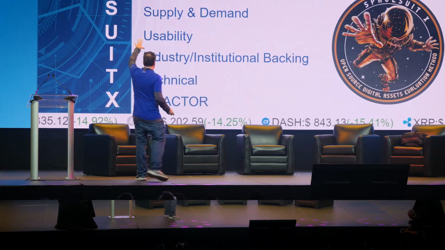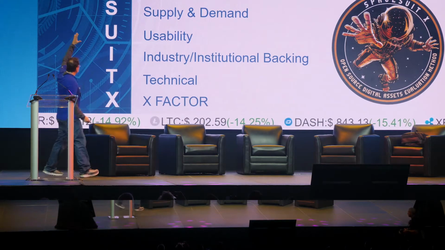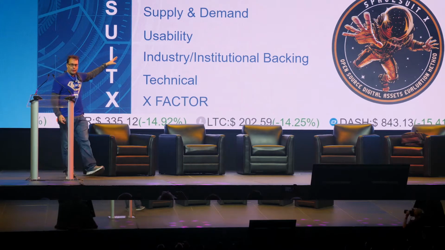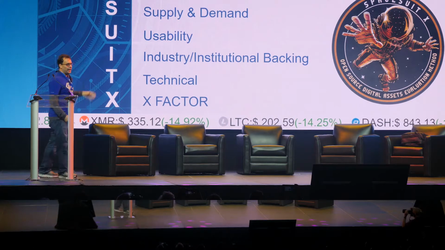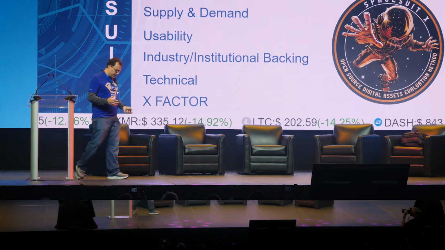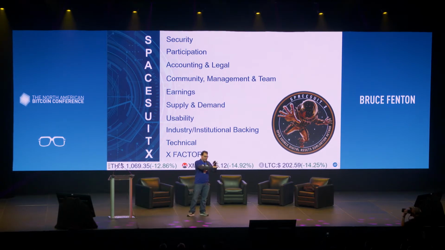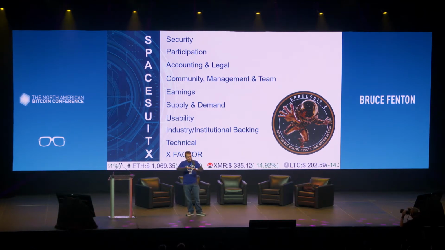So here's what this acronym stands for. Spacesuit X. These are 10 things that I think are important to look at when you're evaluating a digital asset. The trick with digital assets is you can't really compare apples to apples. With stocks, you can compare Microsoft and Apple and Cisco and IBM and Exxon and have pretty similar metrics.